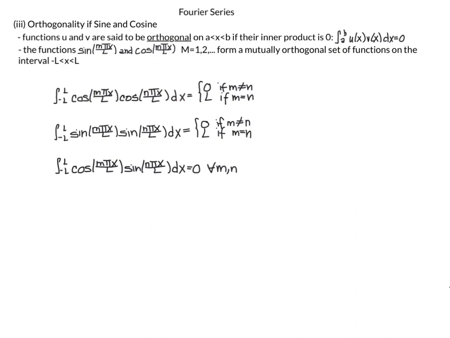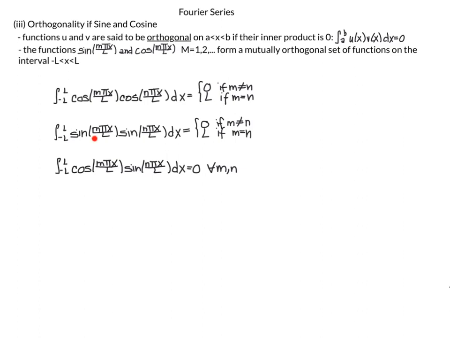If m and n are not equal, they are orthogonal, so the integral is 0. Here it says the functions form a mutually orthogonal set. So if they have different periods, then they are orthogonal. If they have the same period, then this integral works out to be equal to L.